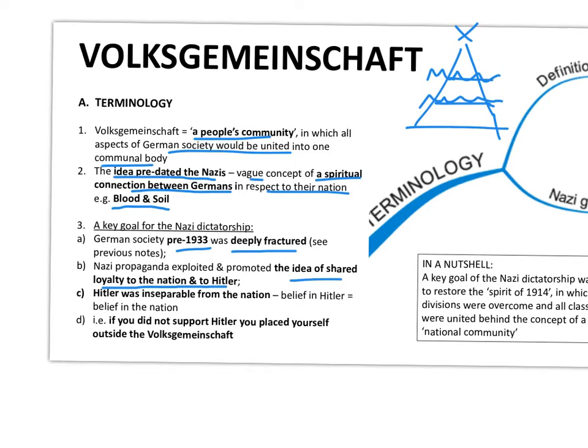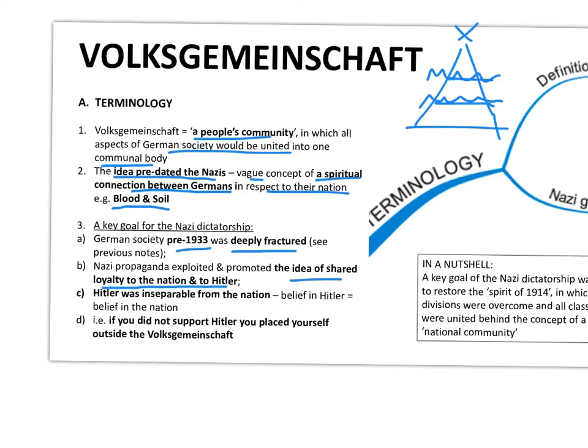Hitler, the ultimate German, sacrificing his personal happiness to make Germany great again, is the metaphor for what the nation should be doing: coming together and working together to overcome these deep divisions from the Weimar era.